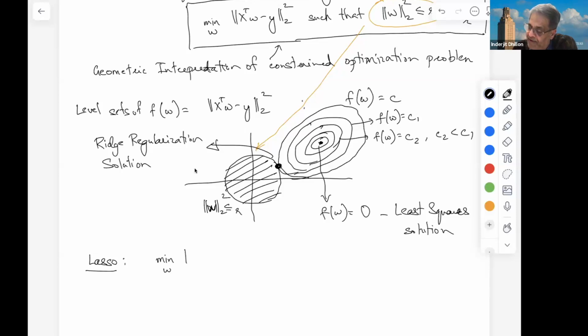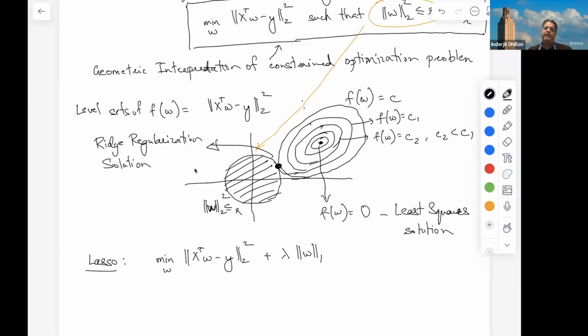Okay, and lasso has the following objective. Same objective as least squares regression in terms of the data fit, so X transpose W minus Y, 2 norm squared. But now the regularization is changed to be the 1 norm of W. So seemingly a pretty innocuous change, right?